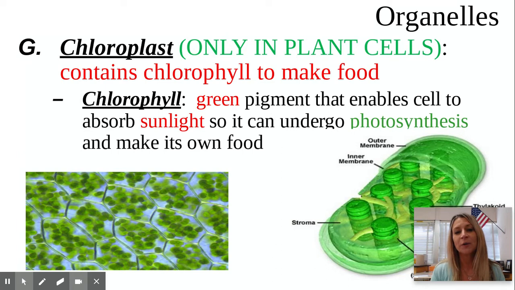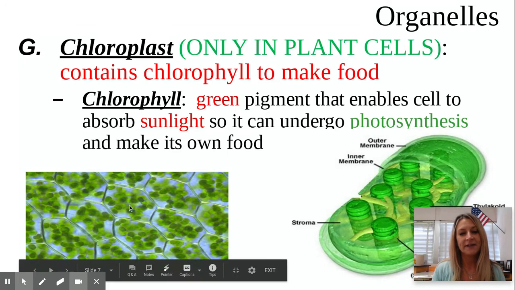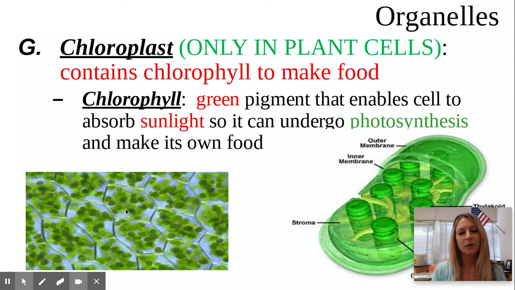So remember, chlorophyll is the pigment that fills the chloroplast and makes it green. If we're asking for the organelle that photosynthesis takes place in, which is the process, then that would be a chloroplast. And you can see down here, okay, this is a picture of a leaf, and all these little tiny structures are chloroplasts.